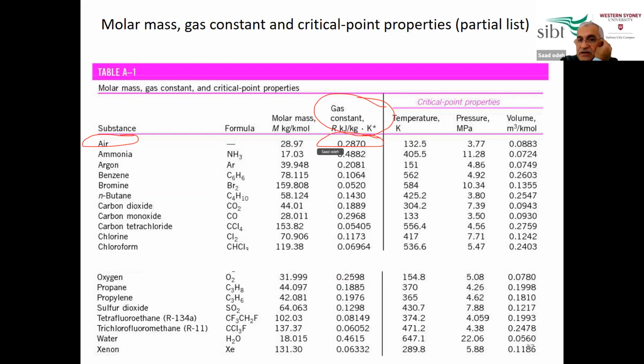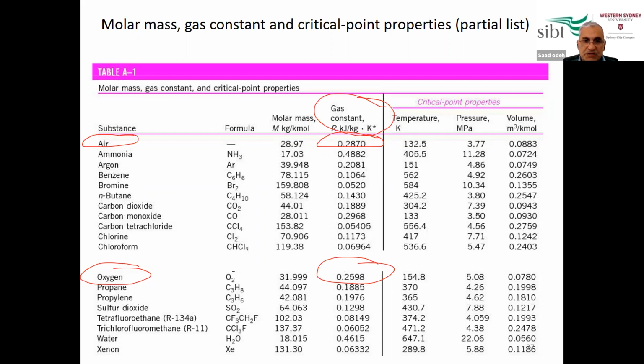This is the R value. And for any other gas, for example oxygen, we can find the R value. And you can see the oxygen is quite close to the air, because most of the air is oxygen. So they are very close to each other.